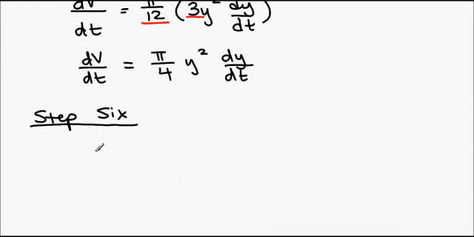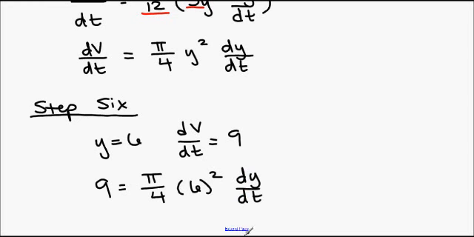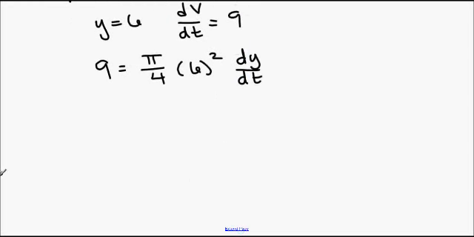So y equals 6, dV/dt equals 9, and I plug those into my equation. 9 equals pi over 4 times 6 squared dy/dt.